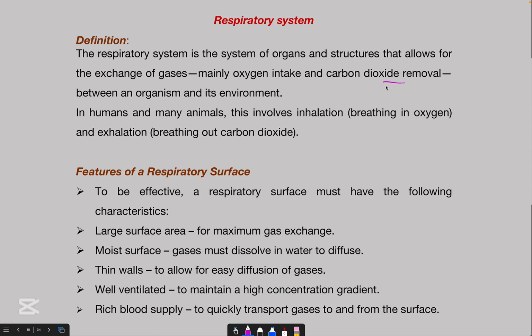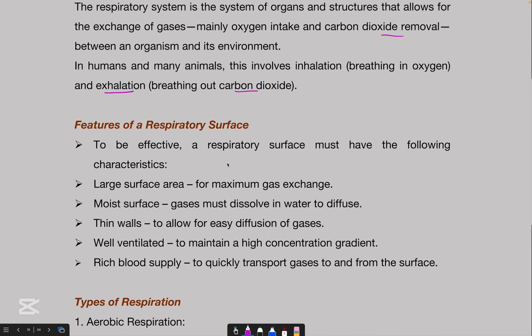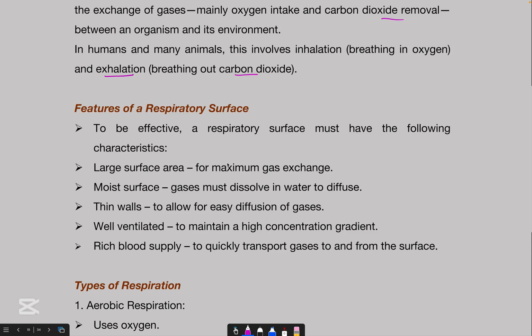In humans and many animals, this involves two processes: inhalation, breathing in of oxygen, and exhalation, breathing out of carbon dioxide. What are the features of a respiratory surface? For anything to be considered a respiratory surface, to be effective, a respiratory surface must have the following characteristics. One, large surface area for maximum gas exchange.